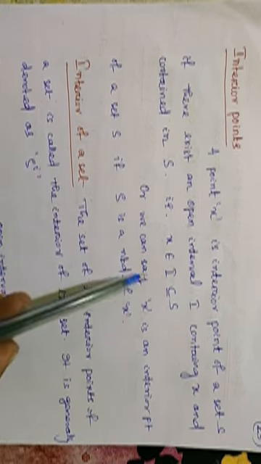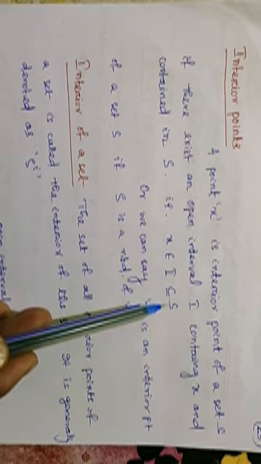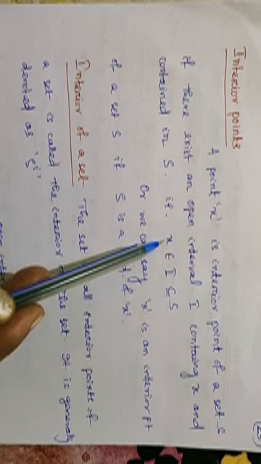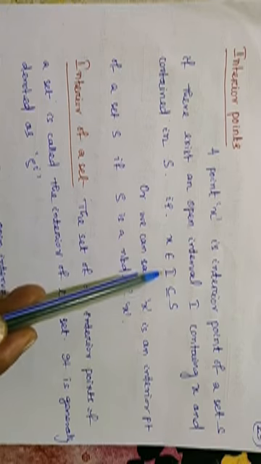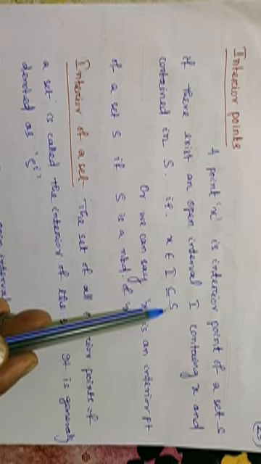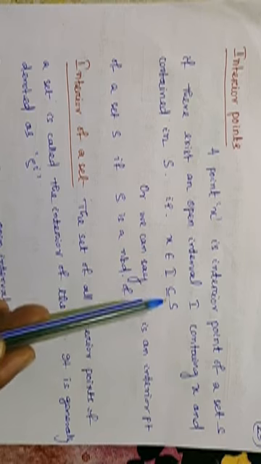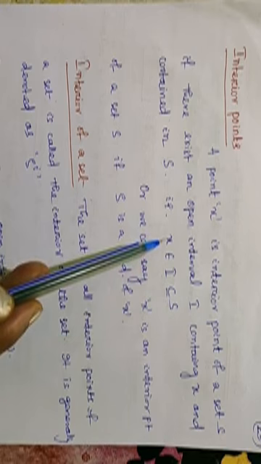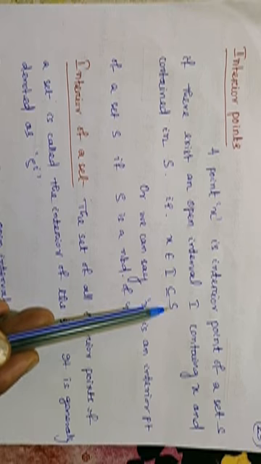That means if S is a neighborhood of x, then we say that x is interior to S. We can always find an interval containing x, but we need to check whether that interval is a subset of S or not. If it is a subset of S, then S will be a neighborhood, and then we say that x is an interior point of S. Otherwise we cannot say that.